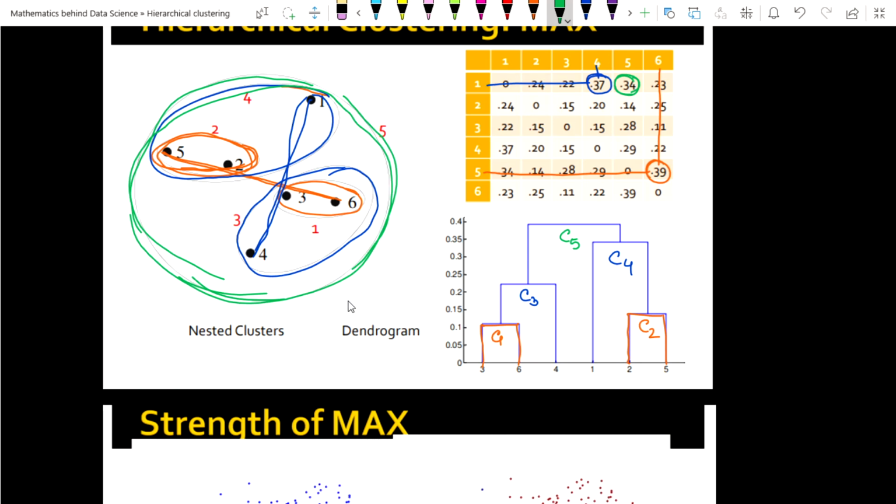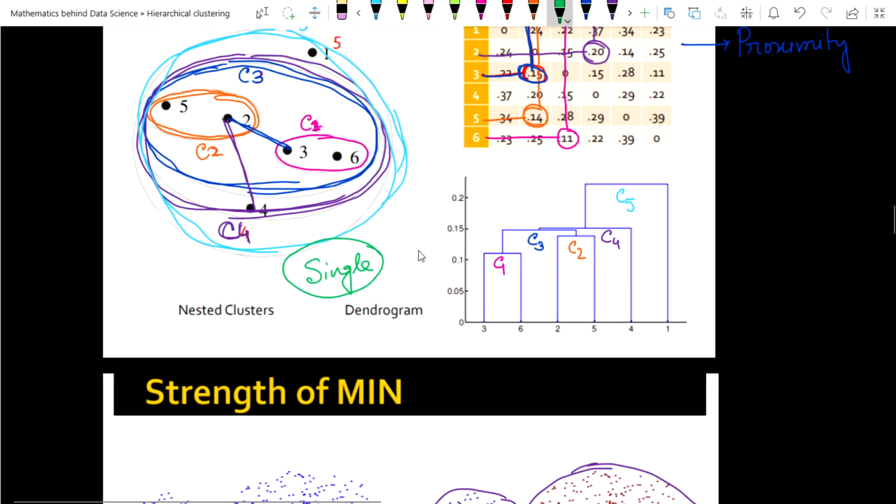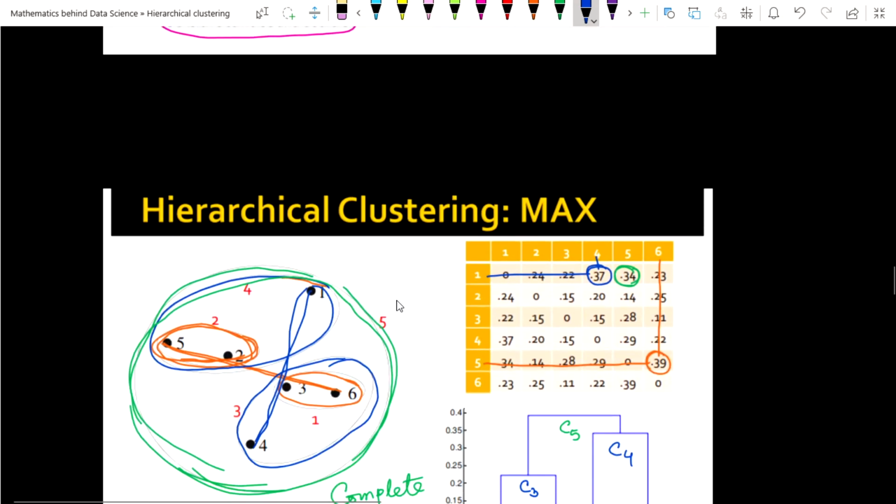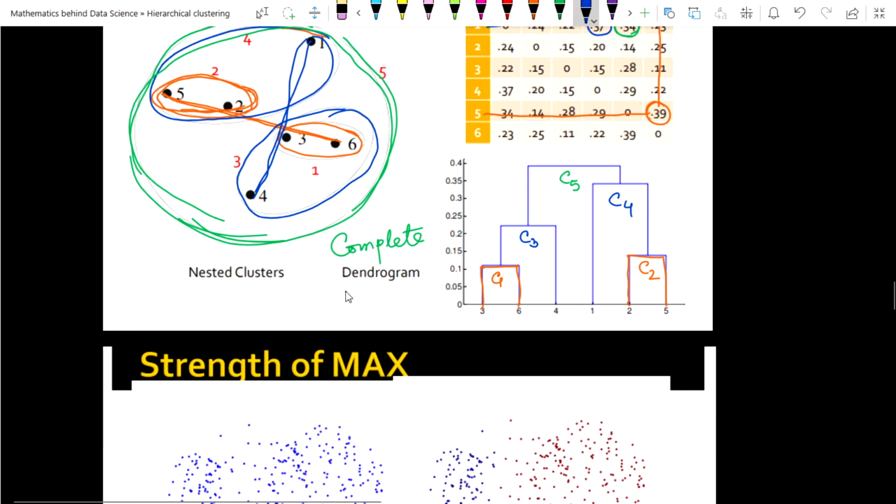Here the main concept in single is to merge it, and here with the complete one, we have to split it.